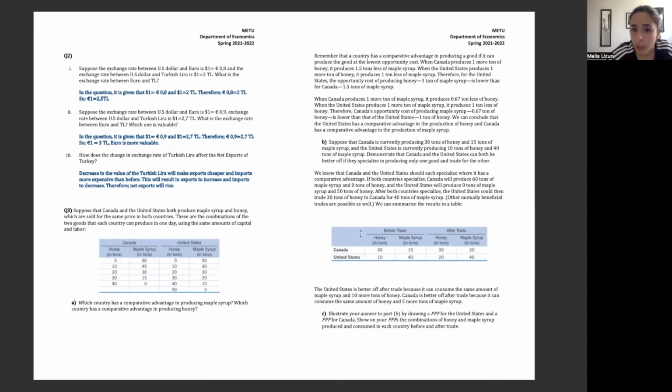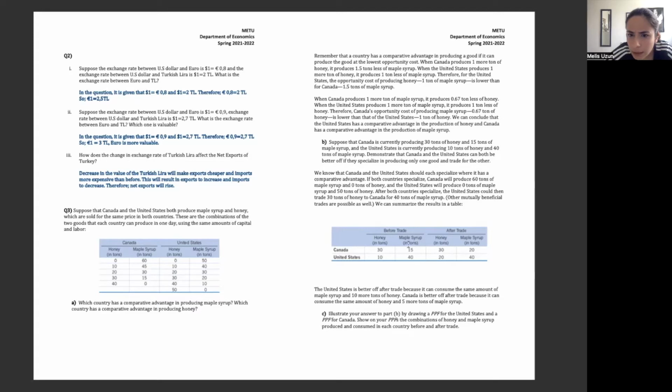And it was asking, I guess, another thing in the option B. So yeah, the United States is better off after trade because it can consume the same amount of maple syrup and 10 more tons of honey, because after the trade, it has more maple syrup, and Canada is better off after trade because it can consume same amount of honey and 5 more tons of maple syrup.